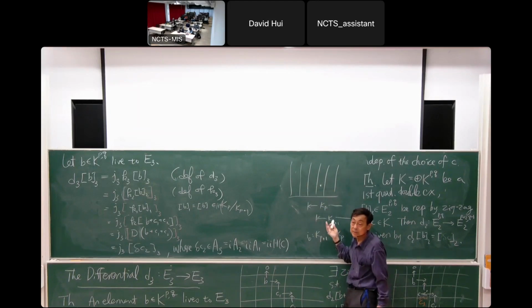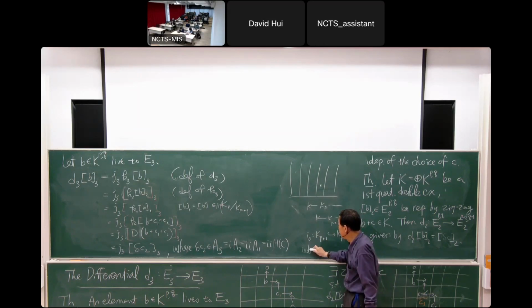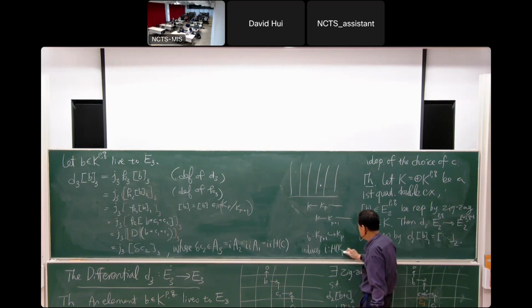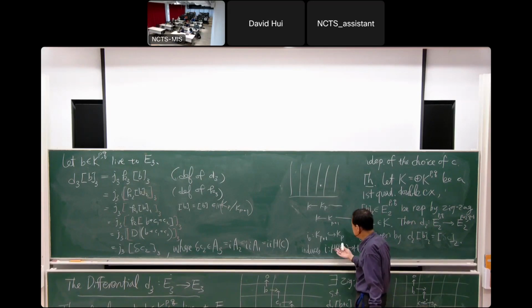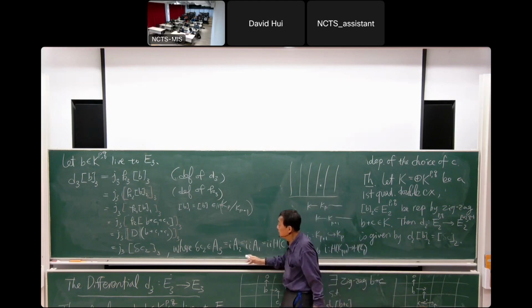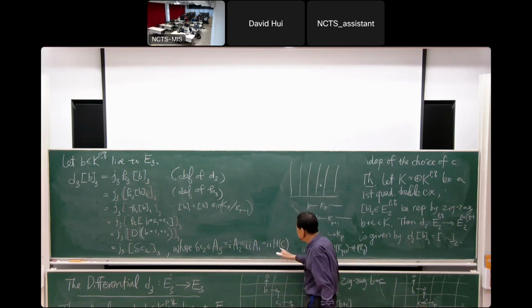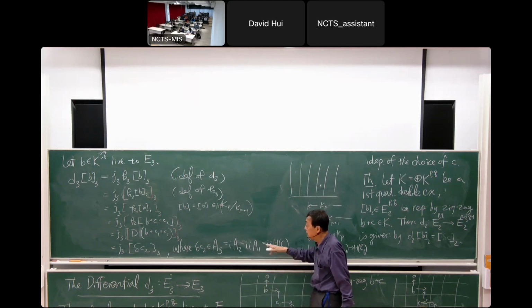So it's the same element, and this induces I. Basically the element doesn't change. It's just that you think of it as in different subcomplexes. Okay, so delta C2, it's actually II of itself.